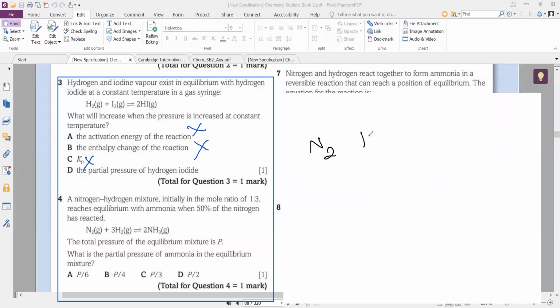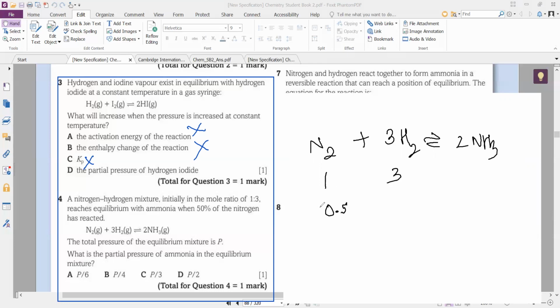N2, right. So the reacting ratio is 1 to 3. Only 50% is reacted.